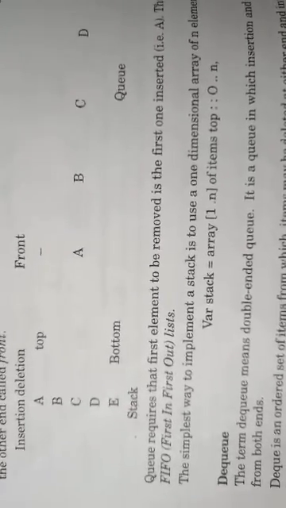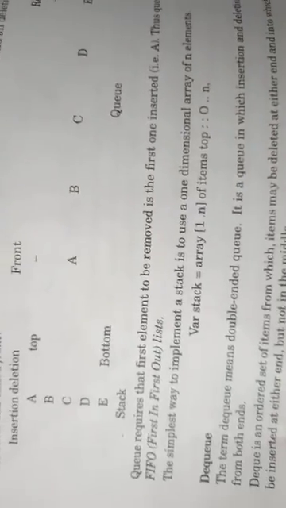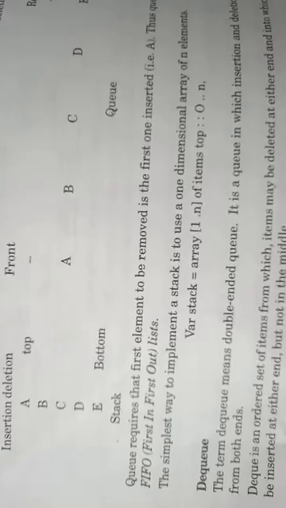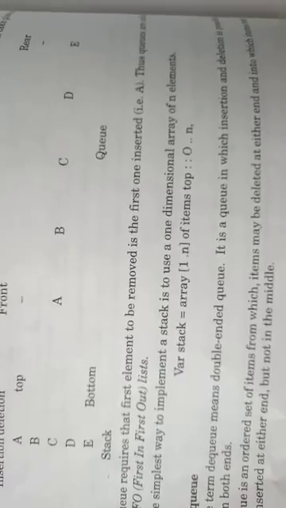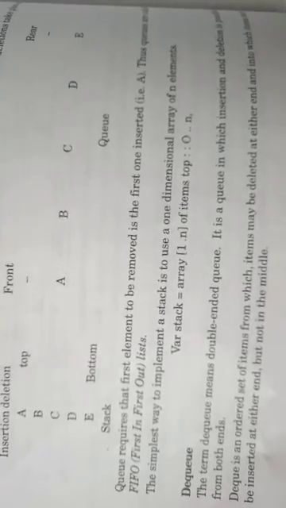DQ. The term DQ means double-ended queue. It is a queue in which insertion and deletion are possible from both ends. DQ is an ordered set of items from which items may be deleted at either end and into which items may be inserted at either end but not in the middle.